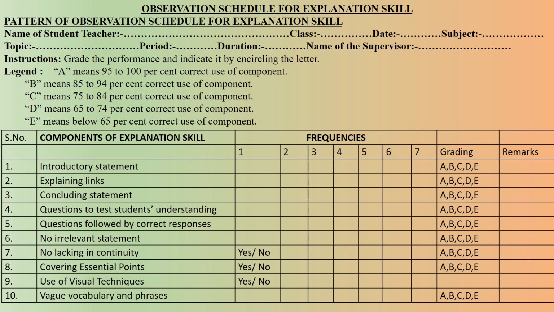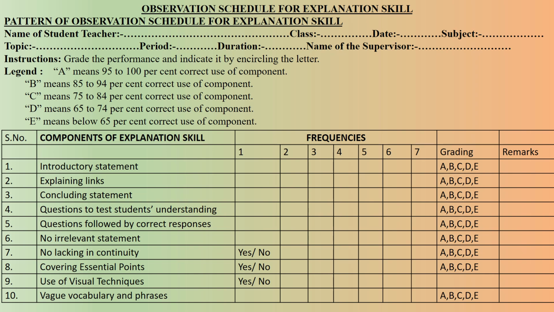After this, the observation schedule will be divided into 5 columns. In the first column, the serial number will be written. In the second column, the components of explanation skill in micro teaching will be written.